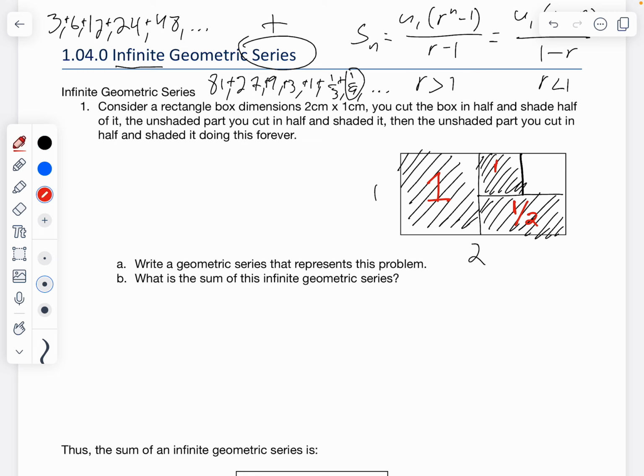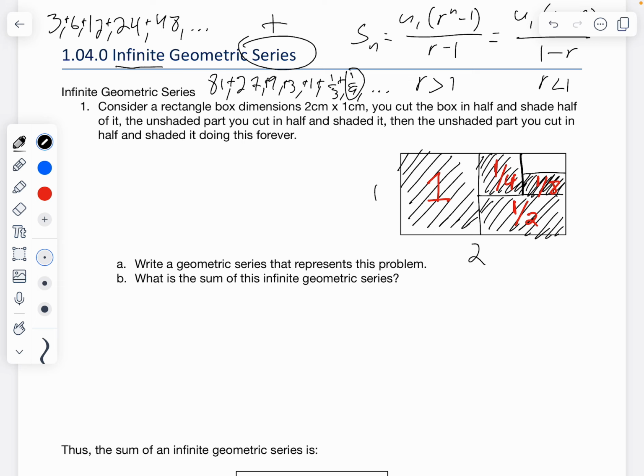It doesn't matter which side you shade every time. The white area now has an area of 1/4, so I'm going to shade half of it. The area right here is 1/8. And you can see every time I shade, it's half of the previous term.